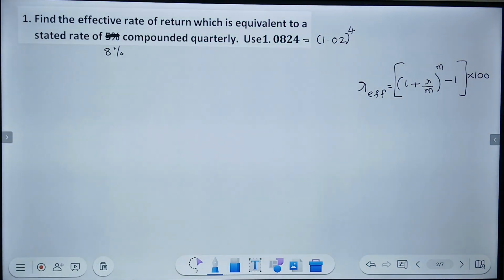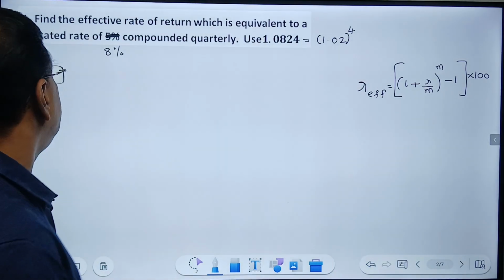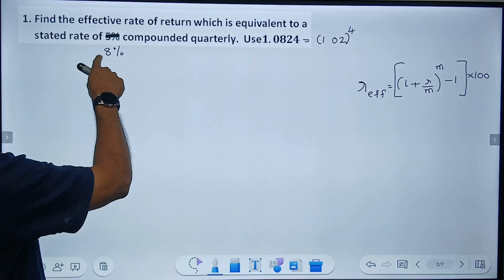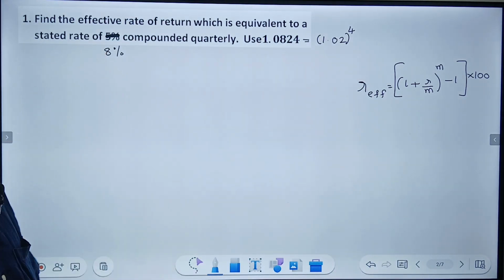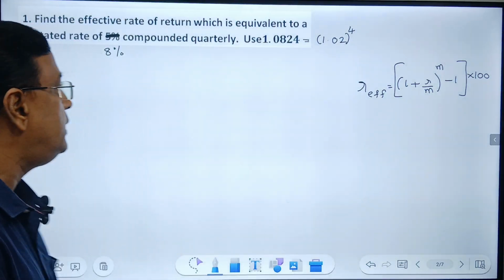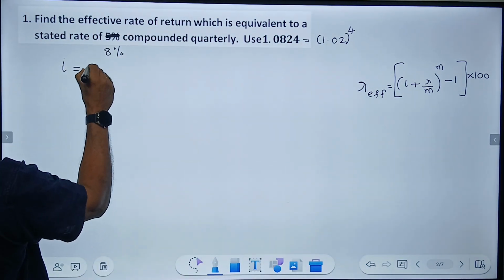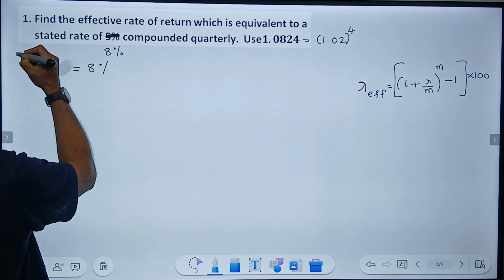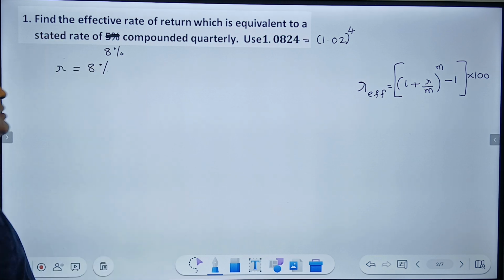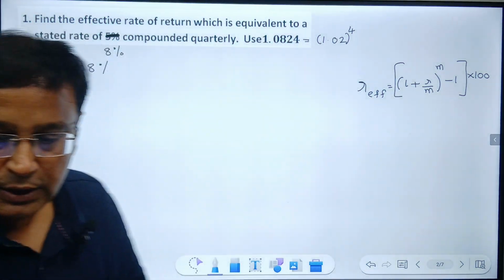Now here: find the effective rate of return which is equivalent to a stated rate of 8% compounded quarterly. So here my rate of interest is 8%. Now you have to make it quarterly, right?